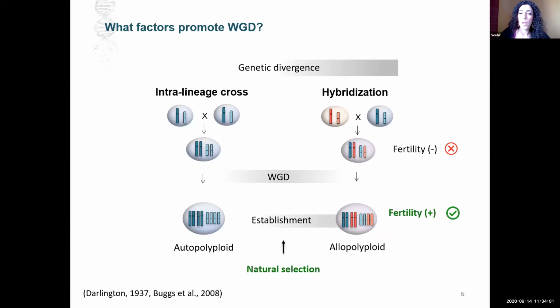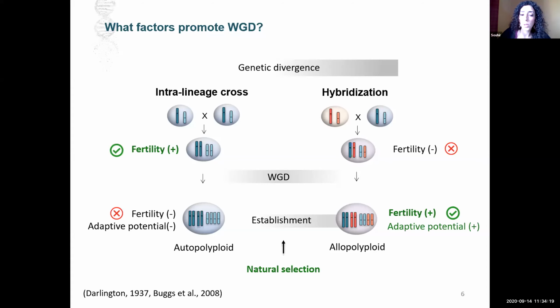Indeed, hybrids are generally sterile, and whole genome duplication may restore their fertility. Also, allopolyploids may have an increased adaptive potential due to the transgressive segregation that may arise by hybridization. On the contrary, autopolyploids will not benefit from transgressive segregation, and it has been proposed that their fertility will be reduced because of multivalent pairing during meiosis.